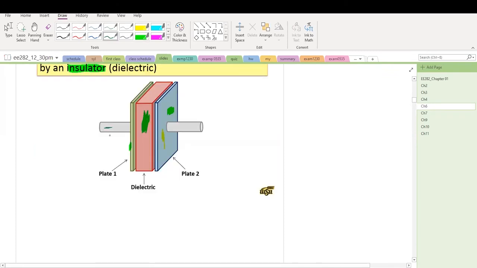If this capacitor is connected to a source, for example a voltage source, there will be electric charge on both metal plates because metal plates are conductors. And there will be an electric field formed between these two metal plates. The insulator prevents the loss of the electric charge. Therefore, the capacitor can store energy.